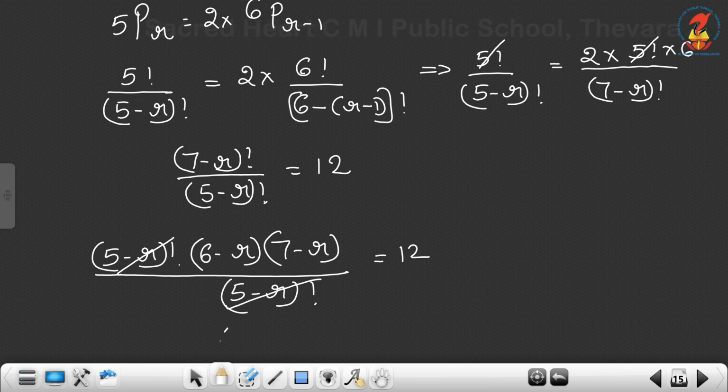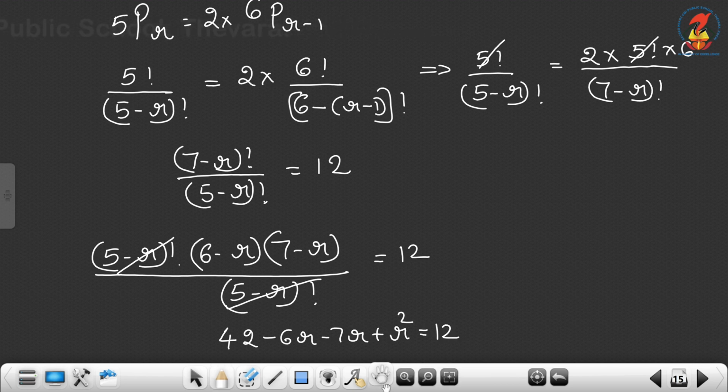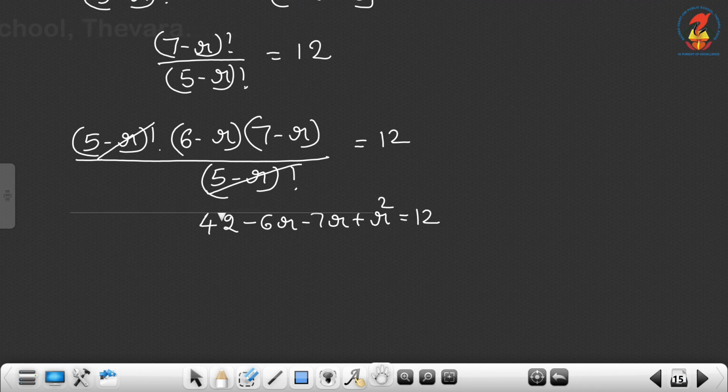Now open the bracket. 6 7s are 42 minus 6r minus 7r plus r square is equal to 12. Now how to write a quadratic equation? r square minus 13r plus 30 equals 0.